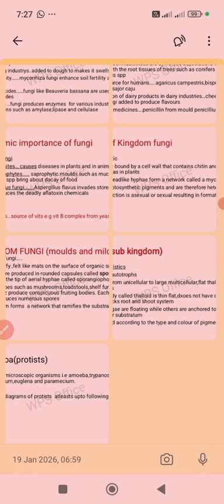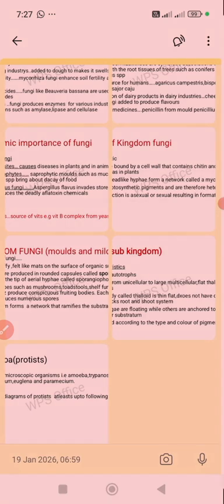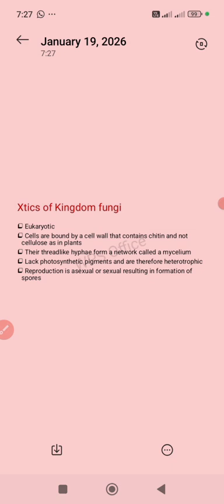Now let us also talk about the characteristics of the kingdom fungi. Number one, the fungi are eukaryotic. They contain cell organelles such as nuclei and mitochondria, and the nuclear material is bounded by a nuclear membrane.